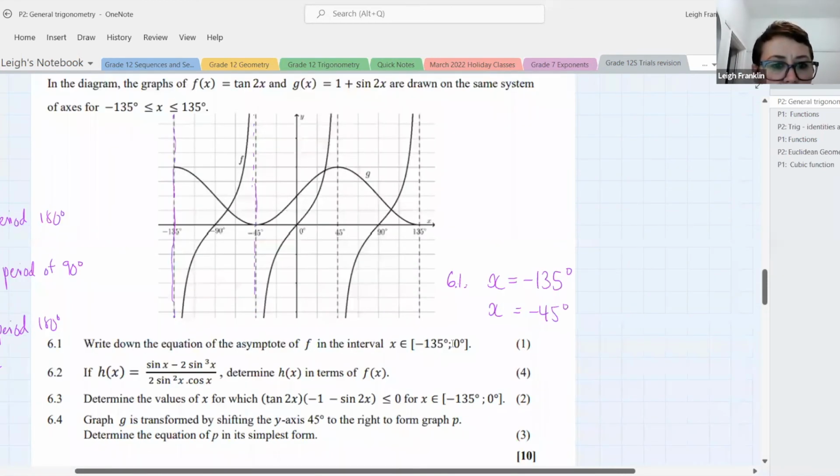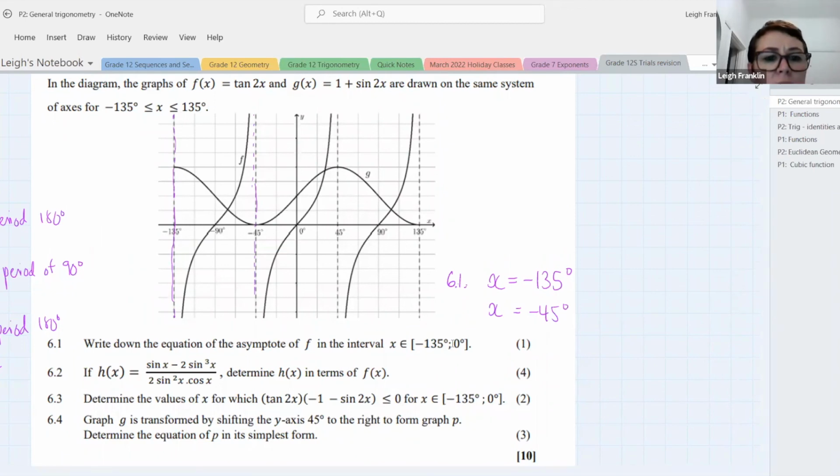Okay, so now we're going to have a look at our picture. Where is the x-axis? There it is. The only place, because look, the graph of g is always above, isn't it? It never goes below. So we cannot consider any values of g that are negative.